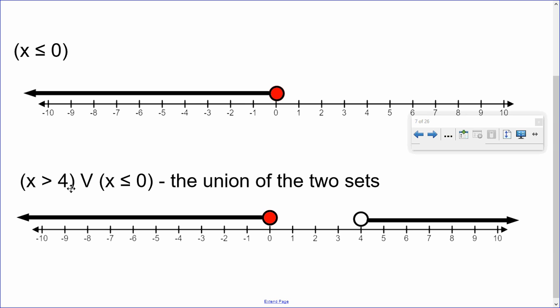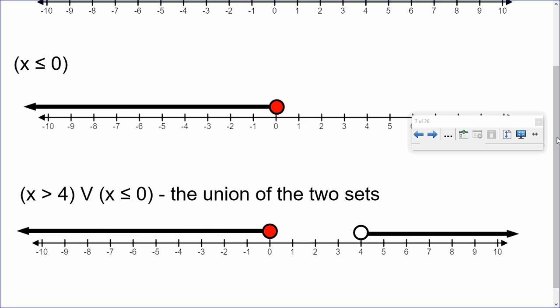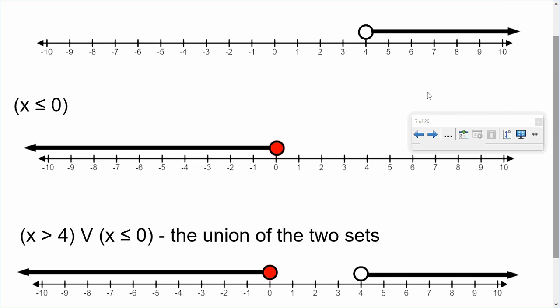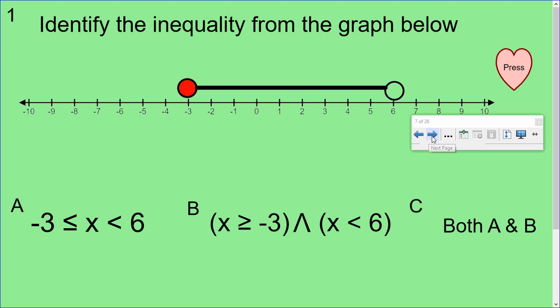And x greater than 4, open circle because we're not including the 4. Notice it's going this way. Notice that there's no intersection like the other one where I would draw the lines covering or cutting both of these, but there's nothing that cuts in between them because they're going in two distinct, different directions. So unfortunately there is no intersection.